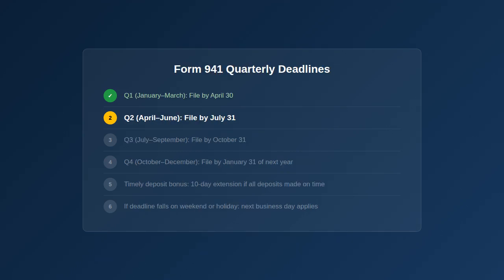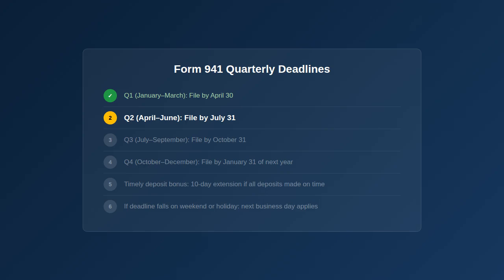Form 941 is filed 4 times a year, one for each calendar quarter. The first quarter covers January, February, and March, and the return is due April 30th. The second quarter covers April, May, and June, due July 31st. The third quarter covers July, August, and September, due October 31st.